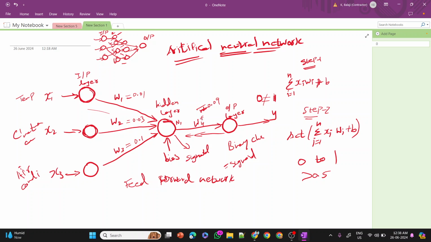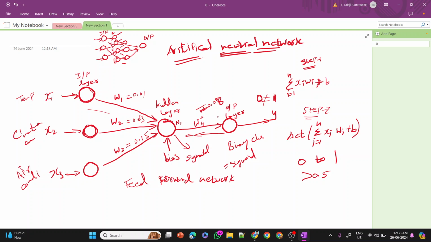For example, w4 is updated to 0.8, w3 is updated to 0.15, and w2 is updated to 0.63.